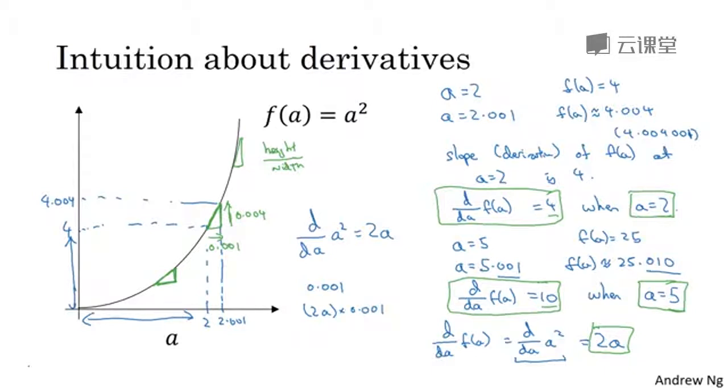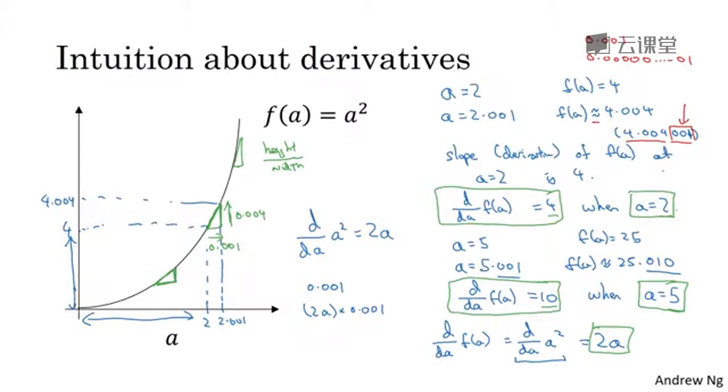Now, one tiny little detail: I had used these approximate symbols here, and this wasn't exactly 4.004. There's an extra 0.001 hanging out there. It turns out that this extra 0.001 is because we were nudging a to the right by 0.001. If we're instead nudging it to the right by an infinitesimally small value, then this extra error term will go away.